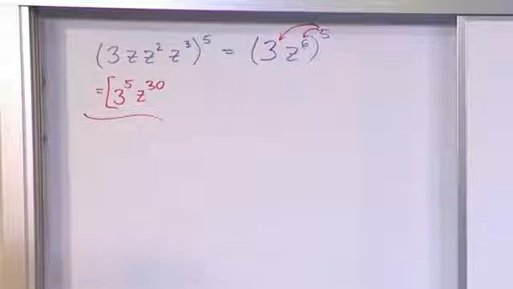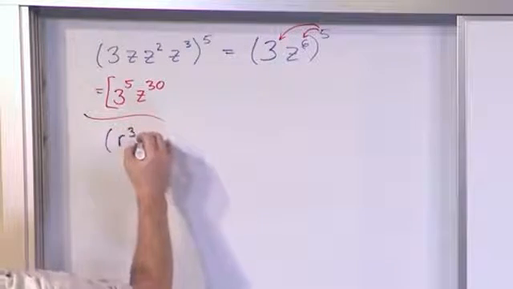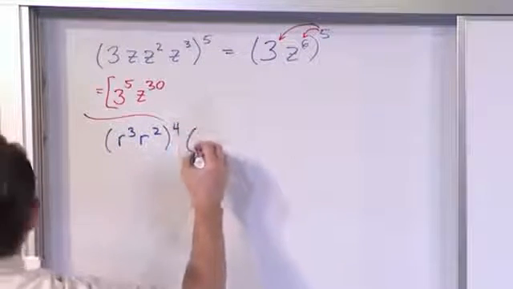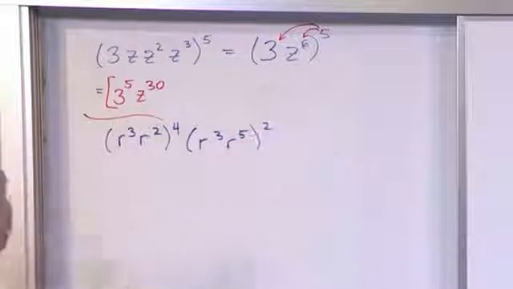Okay? What if we had something like r to the 3rd power times r squared raised to the 4th power, multiplied by r cubed times r to the 5th raised to the 2nd power? So again, there's many ways that we could do this.